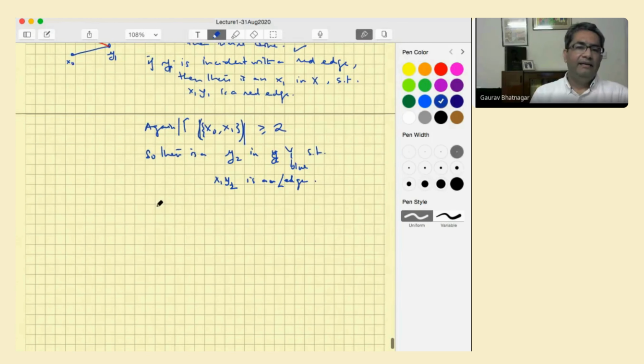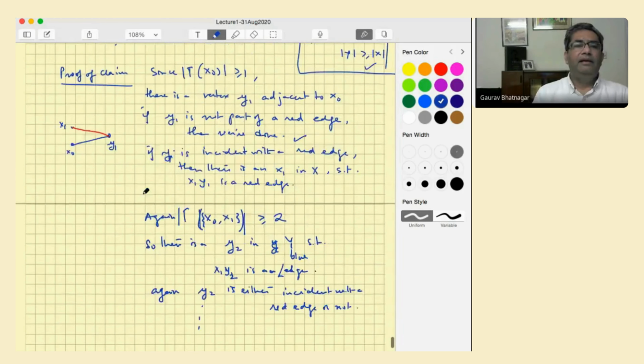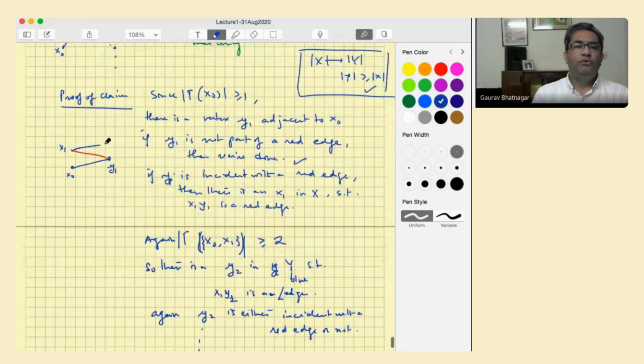Again, y2 is either incident with a red edge or not. So this is true, and again, either it stops or there is a red edge. If there is a red edge, then you get an x.